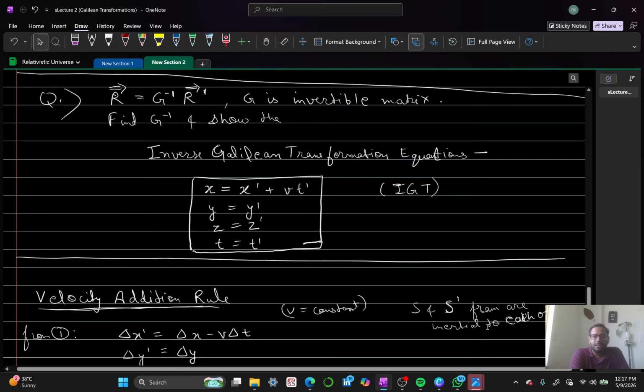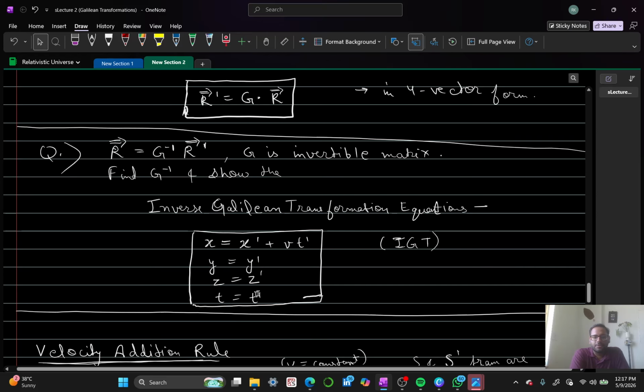You can see here that they are not connected. Only the spatial coordinate includes the time coordinate, but the time coordinate does not have any spatial dependence.